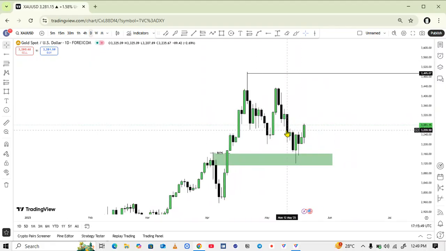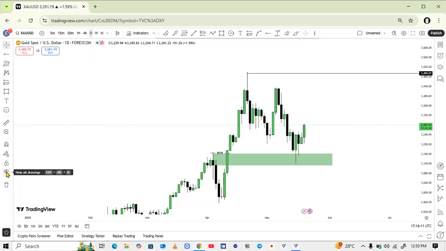Now, remember that I've passed through the monthly time frame, the weekly time frame, and the daily time frame, which is where I'm currently situated. And now, knowing that this is the draw on liquidity here, that money is resting here. What is liquidity?